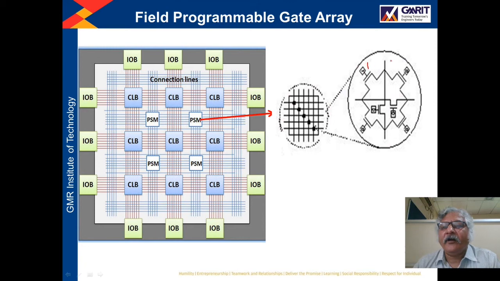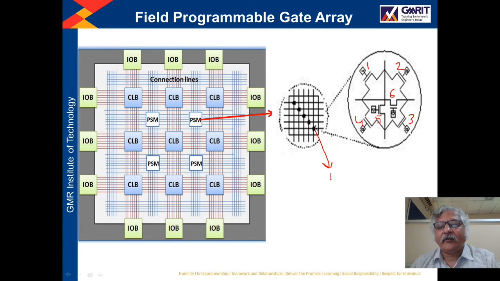See, one MOSFET, second MOSFET, third MOSFET, fourth MOSFET, this is fifth, and this is sixth MOSFET.